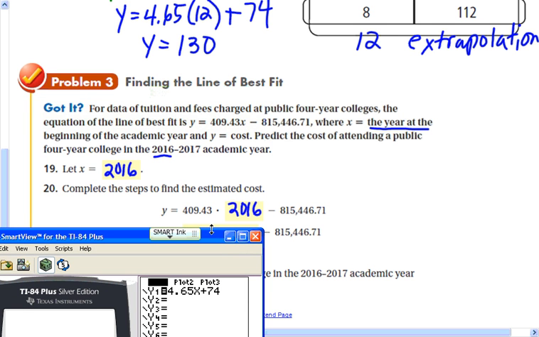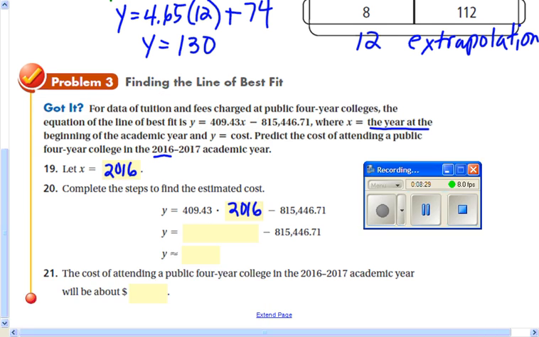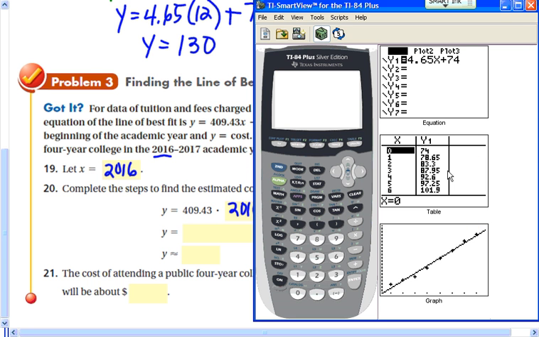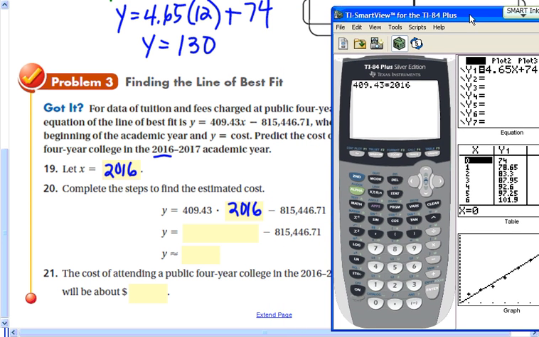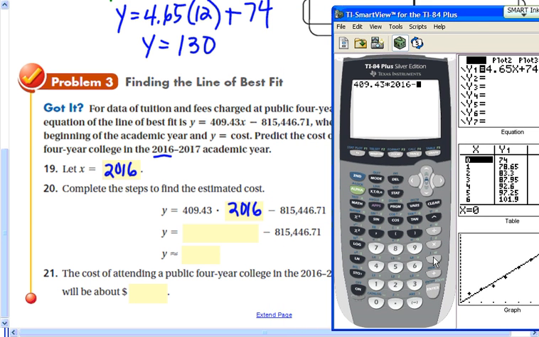You can see my numbers here. So we want to do 409.43 times 2016 minus 815,446.71, enter.